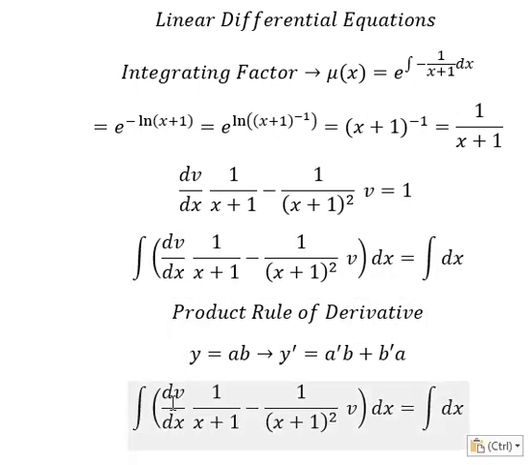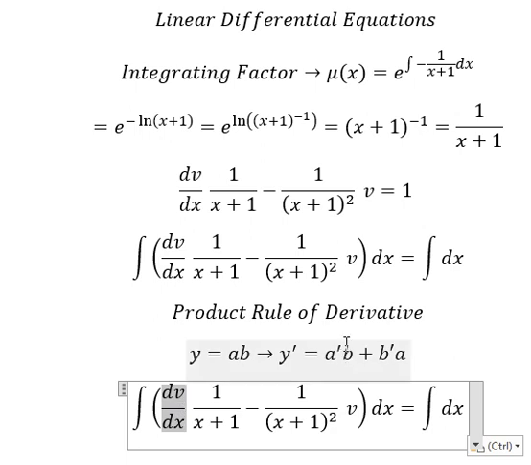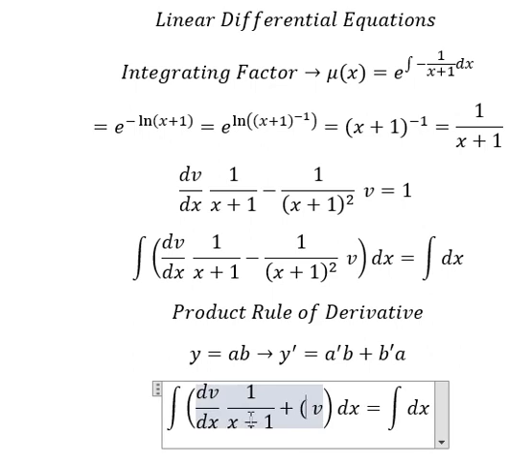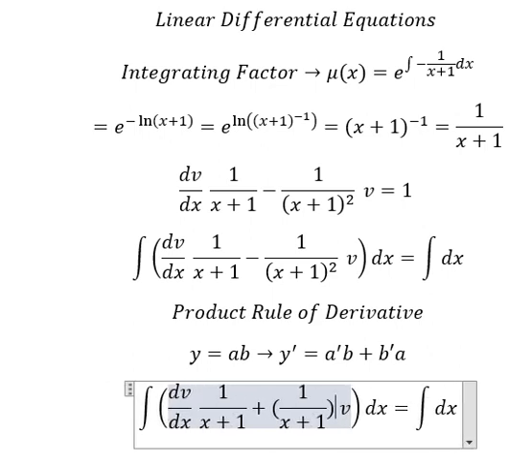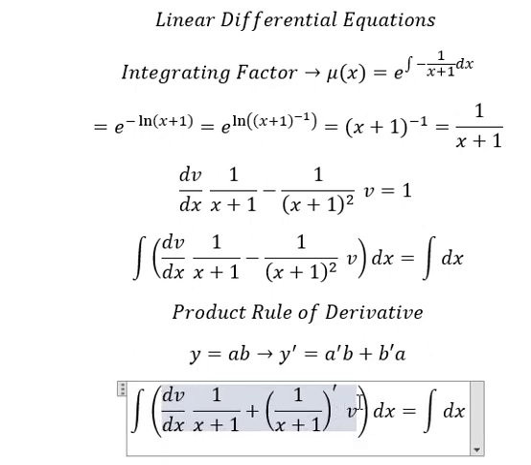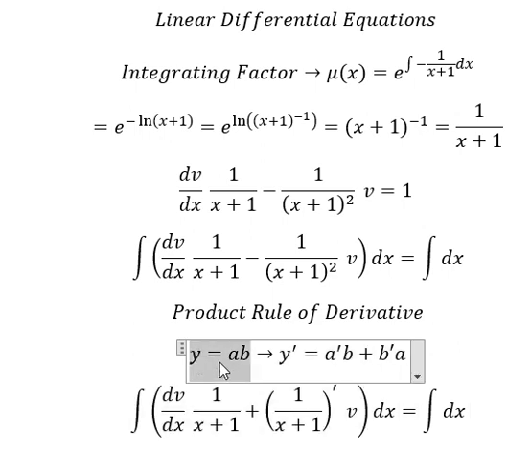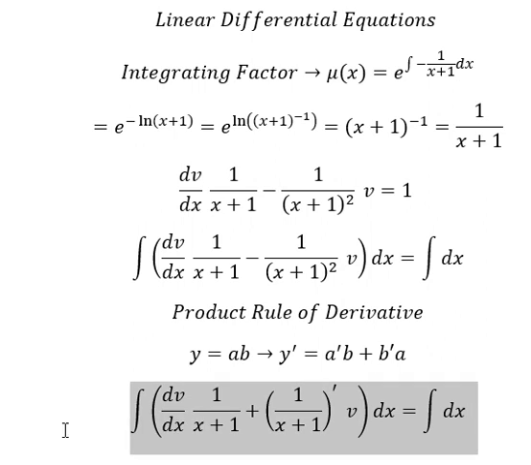In this one, that is the first derivative of a multiplied by b. This one is the first derivative of b multiplied by a. The integration of this one, you get y equals ab.